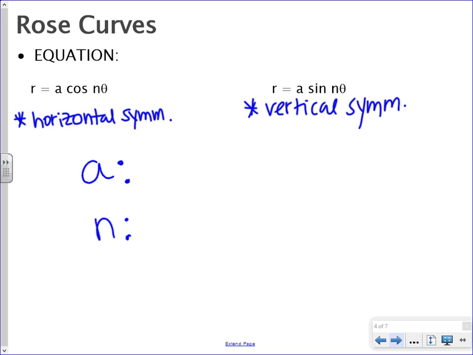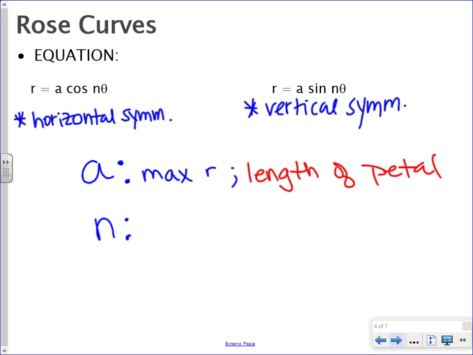So we could describe that as max r value, or we could describe that as the length of the petal, which is probably what you're going to tie it more to than max r. But the length of our petal is going to be whatever that a value is. Nicole, do you remember what n told us about those flowers?